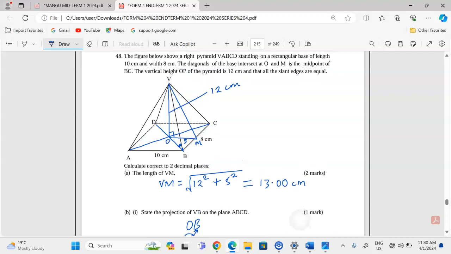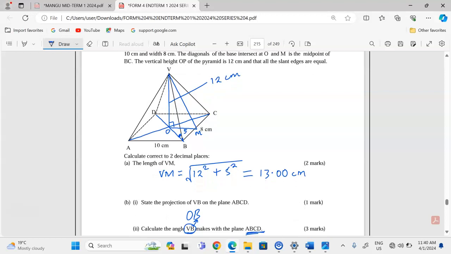No. So the length VB we can get using triangle VBM, because VM is already 13 and M is the midpoint, so we can have 4 and 4 at this point.